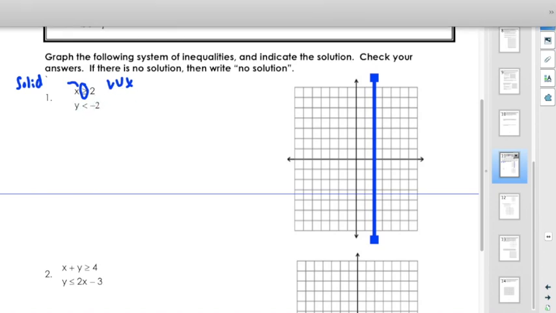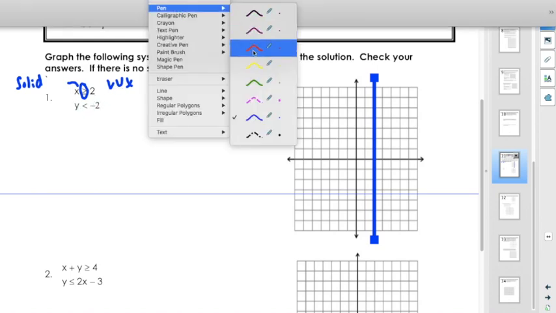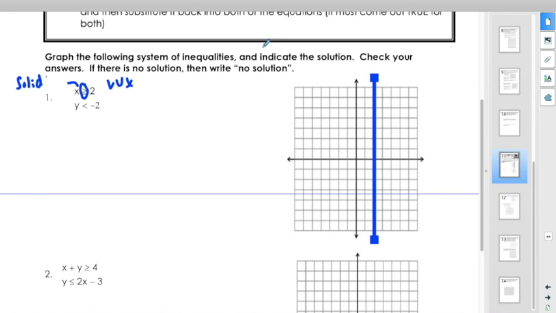And then y is less than negative 2. Let's use red for that. Y is less than negative 2. Well, again, that's going to tell me it's going to be a dashed line.